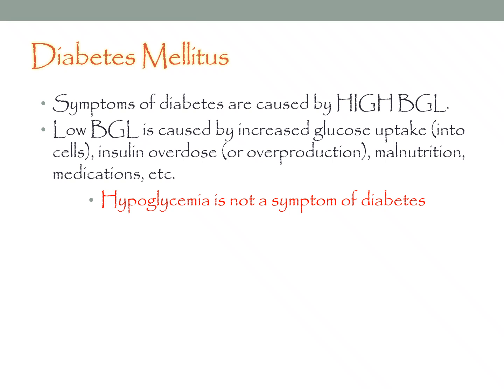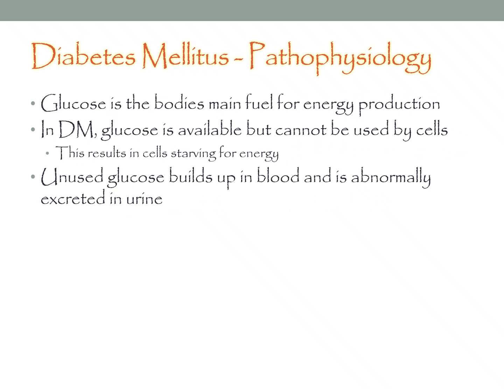It's just likely due to mismanagement. So remember that glucose is the main fuel for the body. In diabetic patients, they have the glucose. However, they don't create insulin, or they don't create enough insulin, or the cells in their bodies become resistant to insulin, and the body is unable to uptake the sugar into the cells to utilize it.